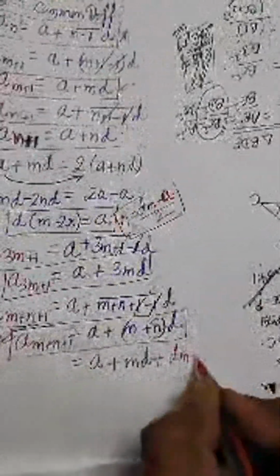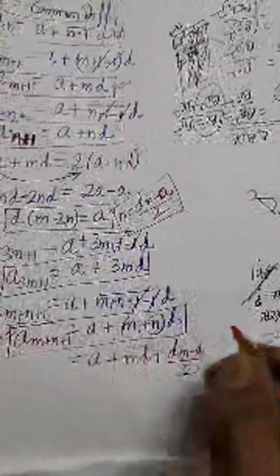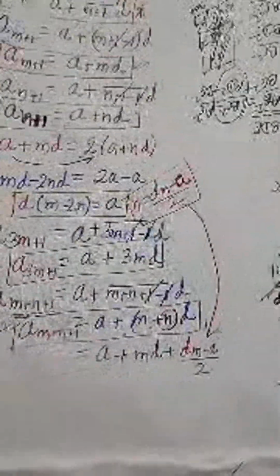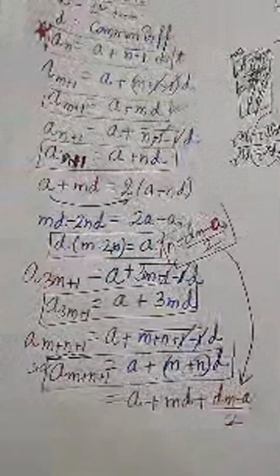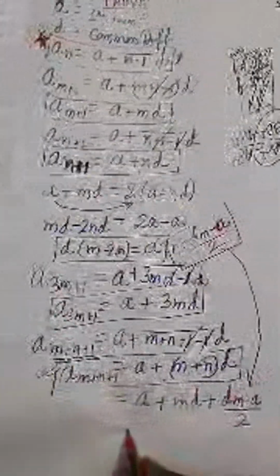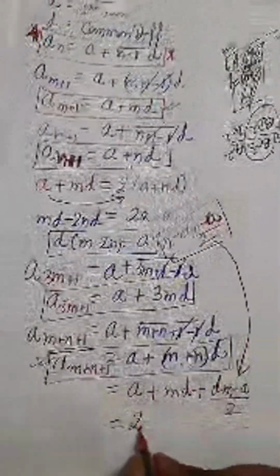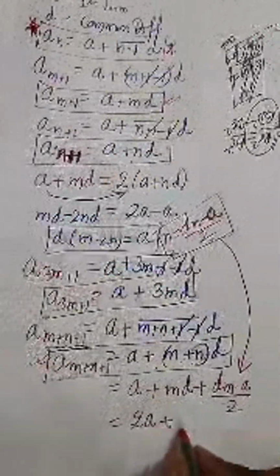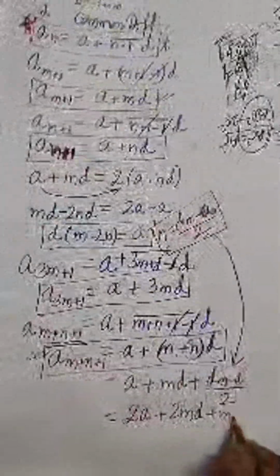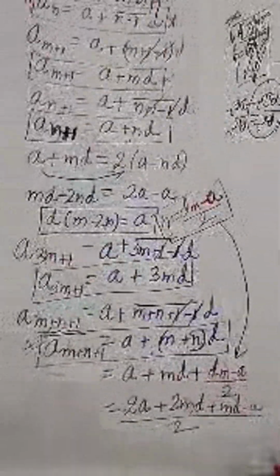So you put this value, dm minus a by 2, over here, and this will give you 2a plus 2md plus md minus a, whole divided by 2.